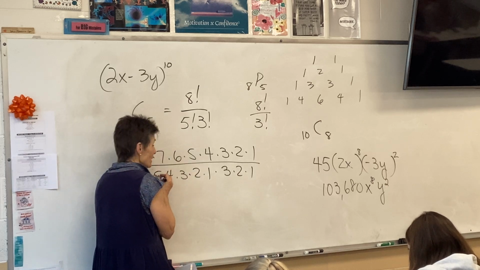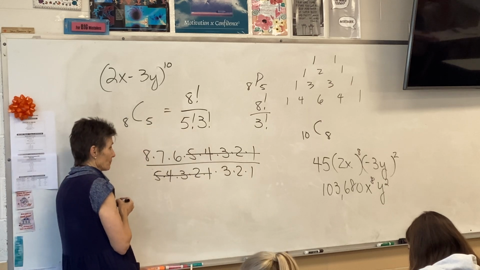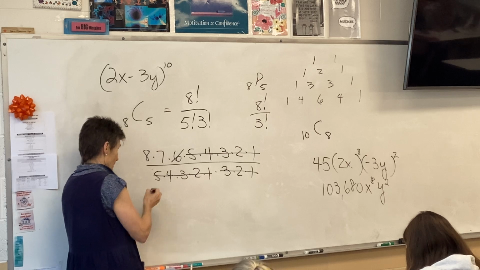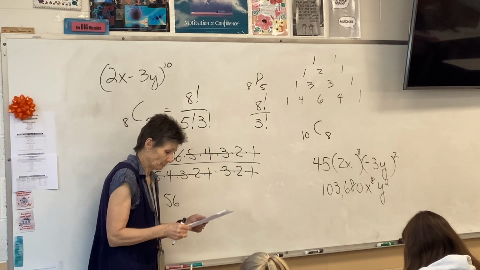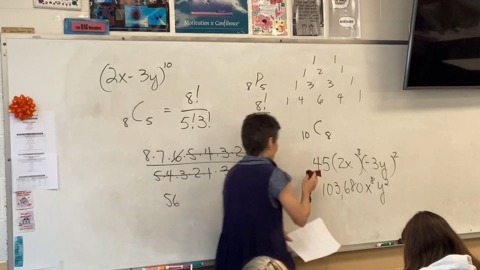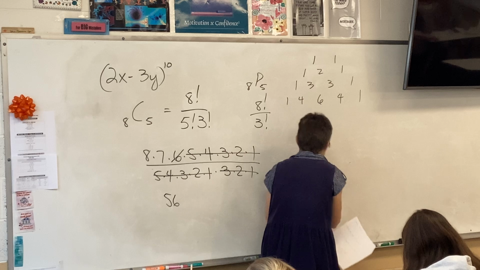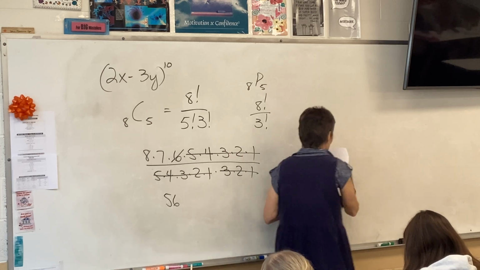So as always, a whole bunch of stuff is going to cancel. 3 times 2 times 1 makes 6. So the answer is just 56. Alrighty.